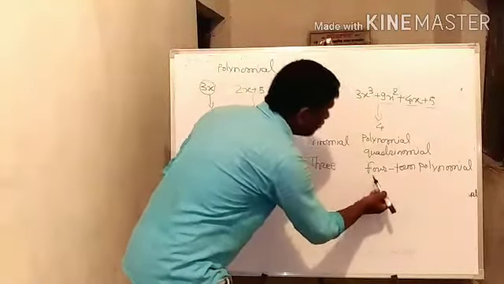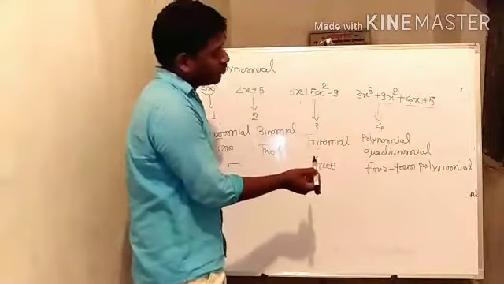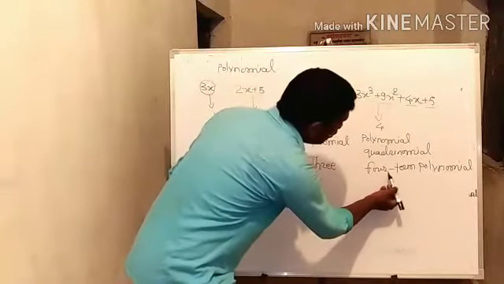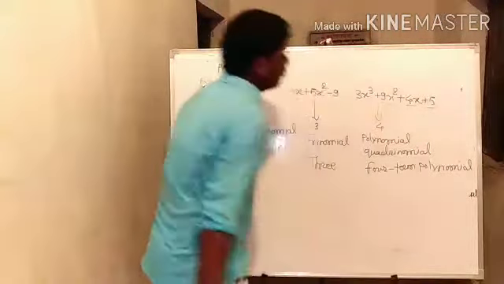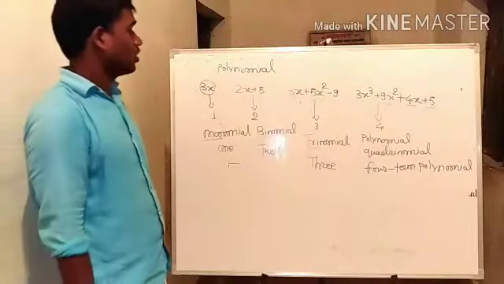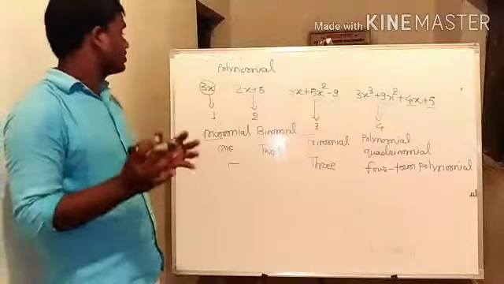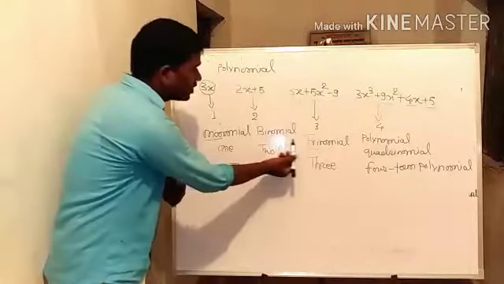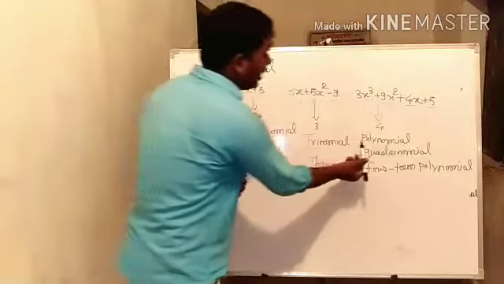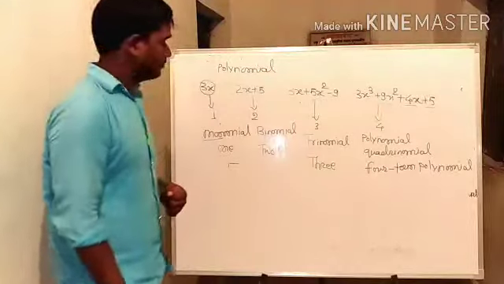Quadri means 4, and another name of this quadrinomial is 4-term polynomial. Now I tell the examples of monomial, binomial, trinomial, and polynomial.